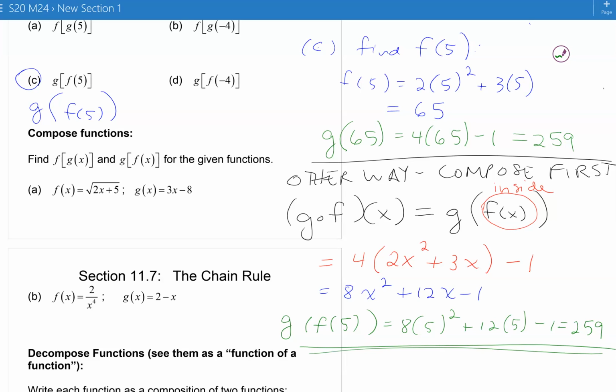So then if we're going to do d, all we have to do is take our blue function here, say, let me do g of f of negative 4, and that's going to be 8 times negative 4 squared plus 12 times negative 4 minus 1. And I'm getting 79 for that one. And I'll let you try it the other way of doing f of negative 4 and put that in g.